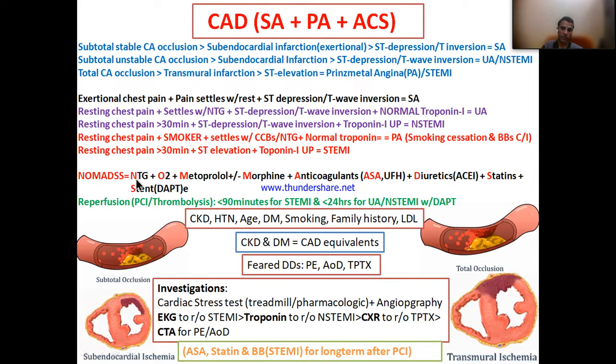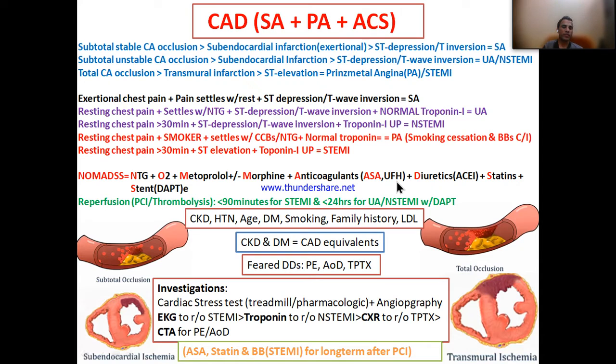So you will give nitroglycerin, you will give oxygen, and you will give metoprolol unless there is a contraindication, for example bradycardia or acute MI. And you will give morphine if there is pain that is resistant to nitroglycerin. And you will give antiplatelets like aspirin. Aspirin you're going to give for lifetime in patients with coronary artery disease.